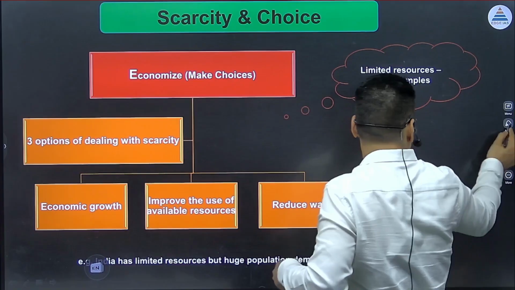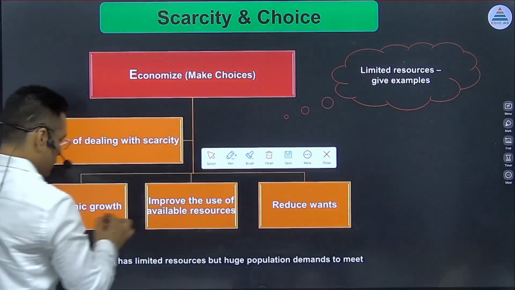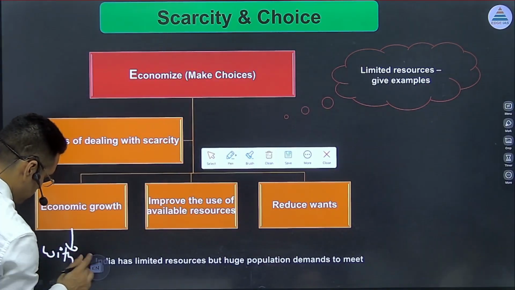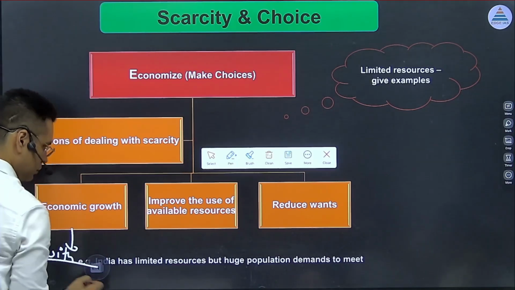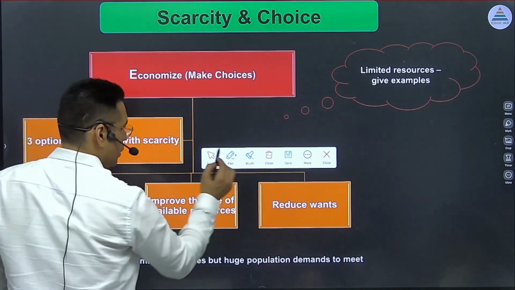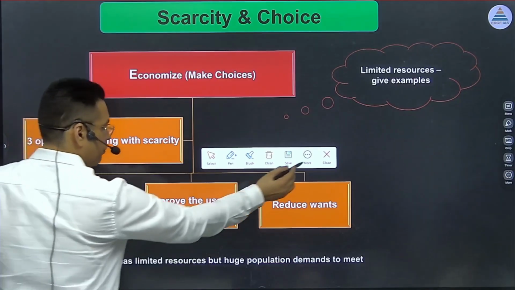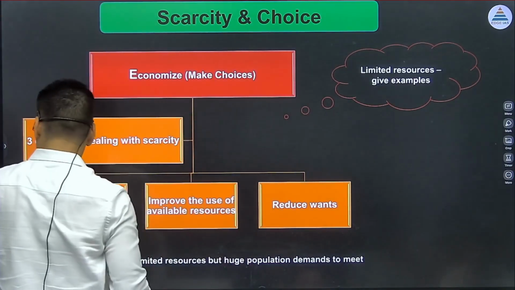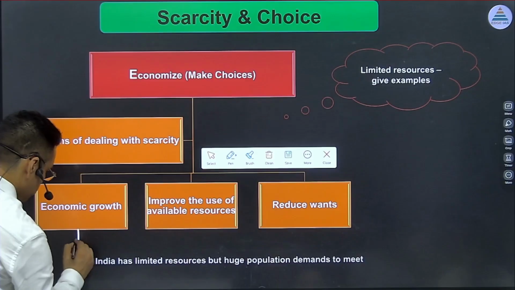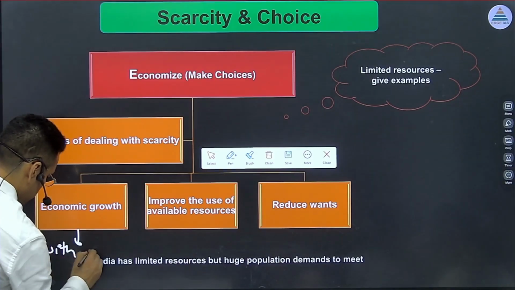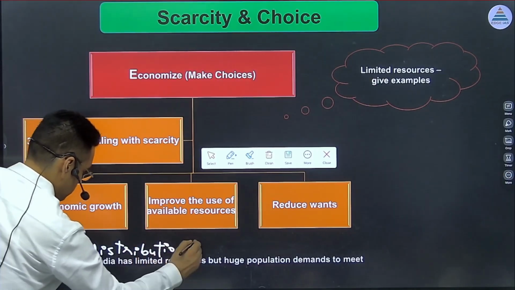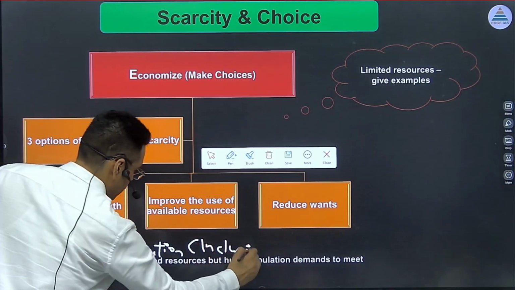Growth should come with... So growth should be inclusive.